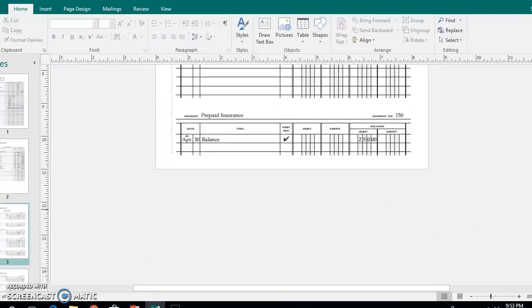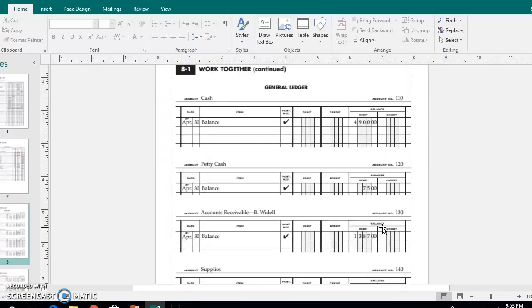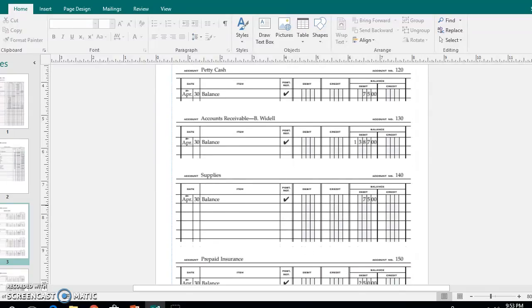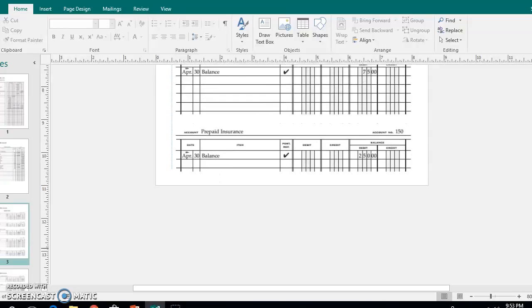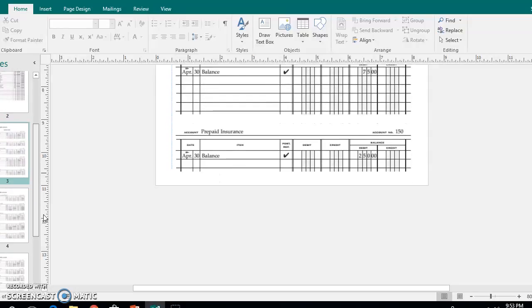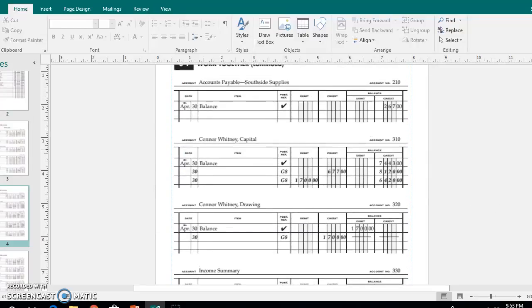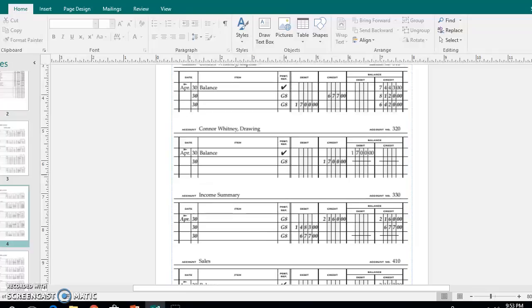So only the accounts with balances again. All of these accounts right here have balances: cash, petty cash, accounts receivable, supplies, prepaid insurance, and accounts payable and capital.